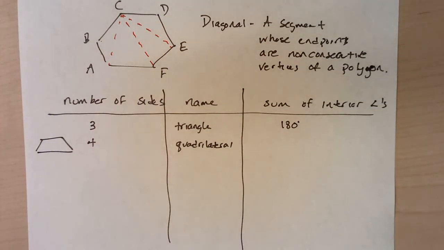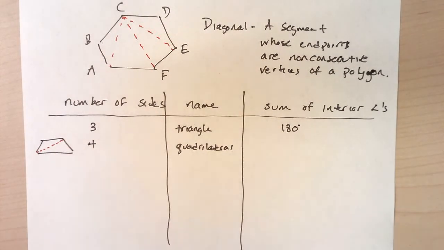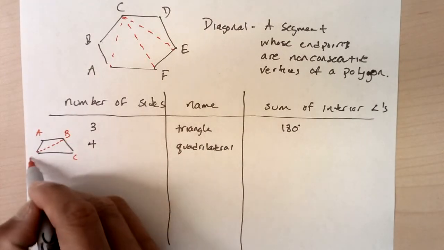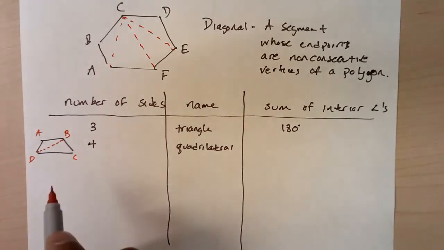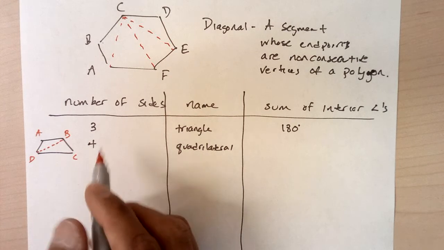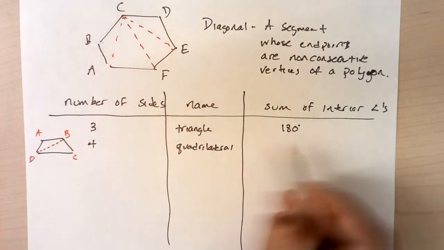And as long as you know the sum of the interior angles of a triangle is 180 degrees, you can figure out the sum of the interior angles of any polygon. Because for this quadrilateral, let me call it quadrilateral ABCD, I could draw just one of the diagonals. I actually don't want to draw them both. I don't want to draw both BD and AC, but I know the sum of the interior angles of triangle ABD is 180 degrees.